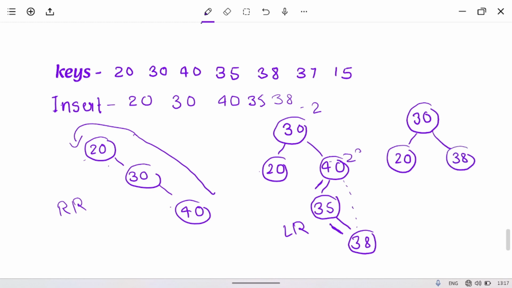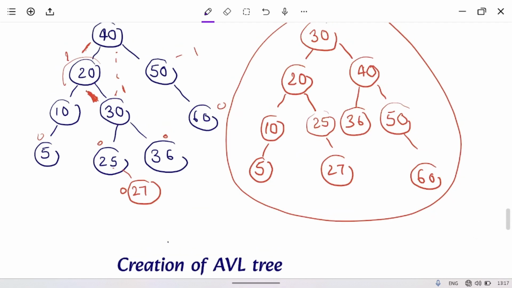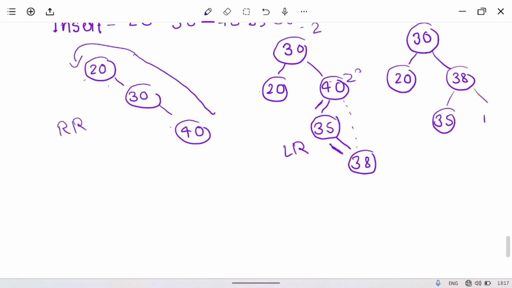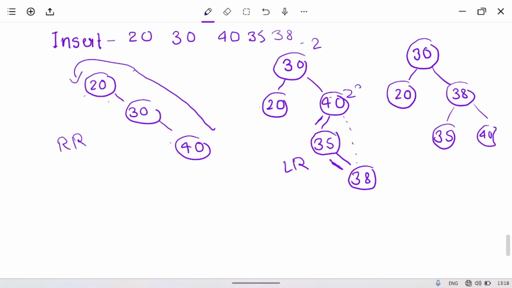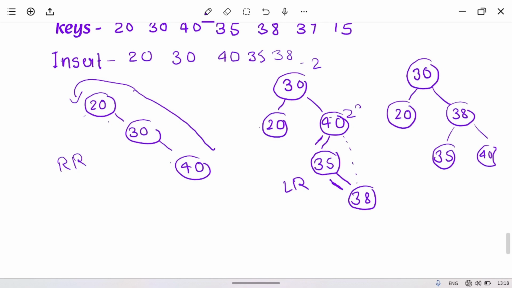So 38, 35 and this is 40. After this, again we will check whether it is balanced or not. Each and every node is balanced because the balance factor is between -1, 0 and 1. The balance factors are 0, 0, again 0, and -1, again 0.